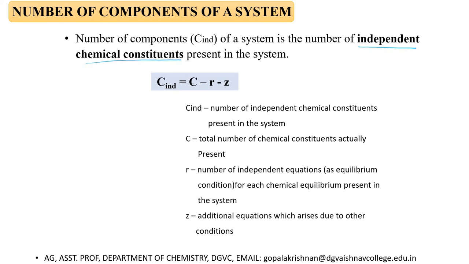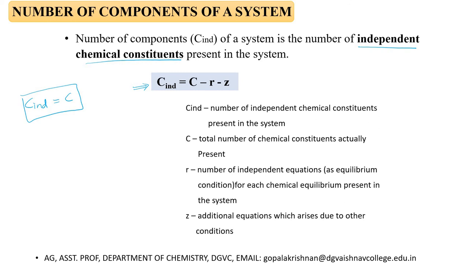Suppose your system contains only one constituent. In that case, the number of independent constituents is equal to the number of constituents present in the system. Suppose there are two or more chemical constituents present, and there exist some chemical equilibrium or other relations, then the independent chemical constituents, which is called the number of components, can be calculated using this formula.